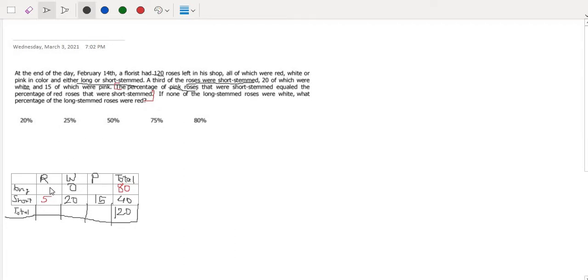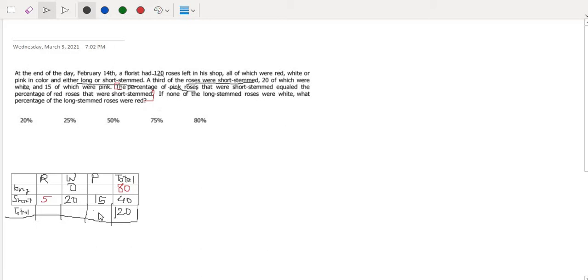So first of all, we need to know the total pink roses, out of which how many are short stemmed. That percentage, doesn't this imply from the question? Correct. Clearly we don't have the total pink roses here.